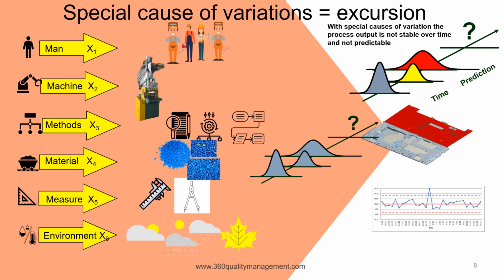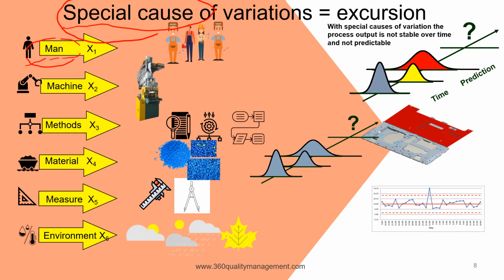The second type of variation is known as special cause variation or assignable cause variation. This happens when something unexpected changes in one or two of the process inputs.